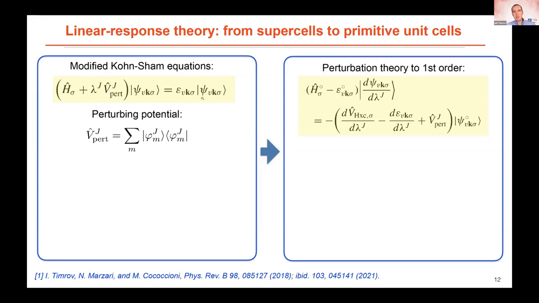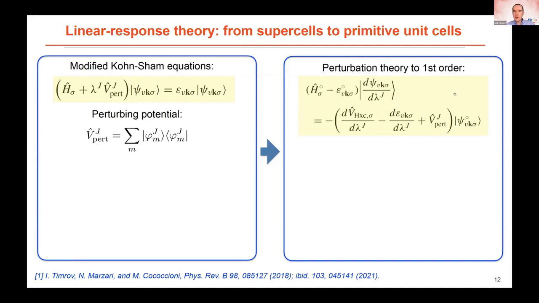Now what we can do is expand each of these objects in a Taylor series and truncate at first order. And what we obtain is the first-order linearized equation, which is written here. So this is simply perturbation theory and Taylor expansion, nothing special.